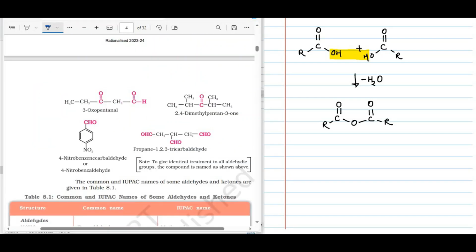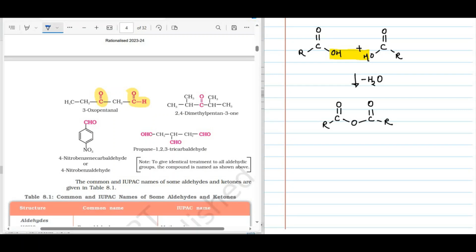Now come to the next example. Here, first of all identify the functional group. This is one functional group which is ketone and there is another functional group which is aldehyde. So there are two functional groups in the same molecule.